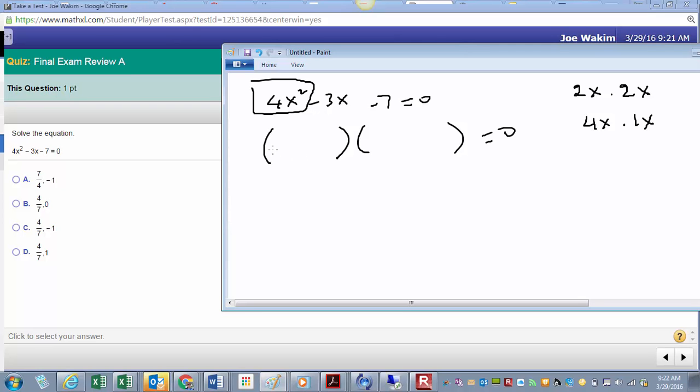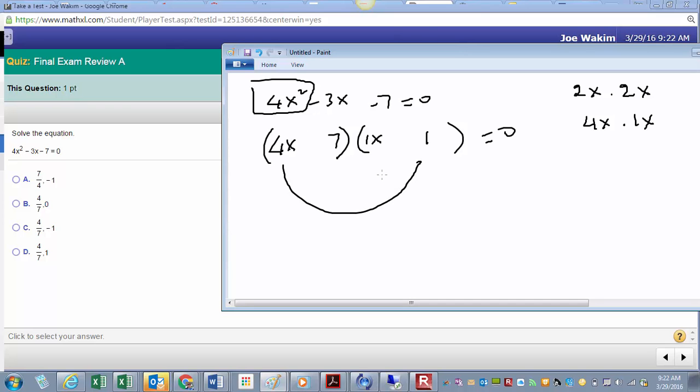But you can use 2x times 2x, you see it's not going to work. But I'm not going to put the 7 against the 4 because that's going to give me negative 28. I'm going to put the 7 here, and I'm going to put the 1 here. Okay, so 4x times x, that's going to give me 4x squared. And then 7 times 1, that's going to give me 7. I still have the middle term. Let me try the outer and the inner.